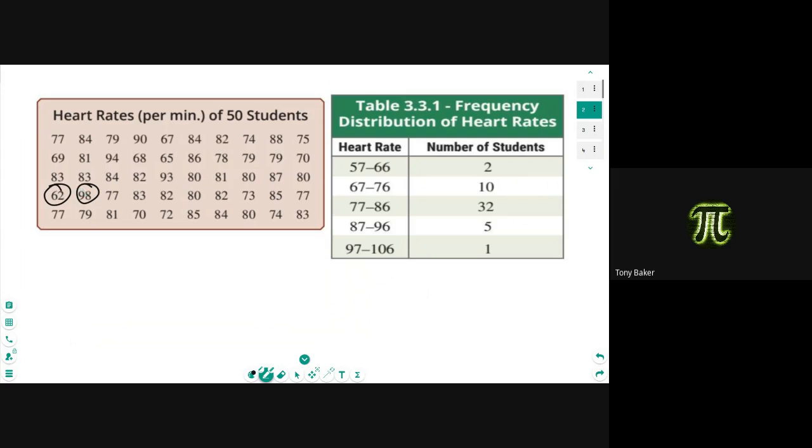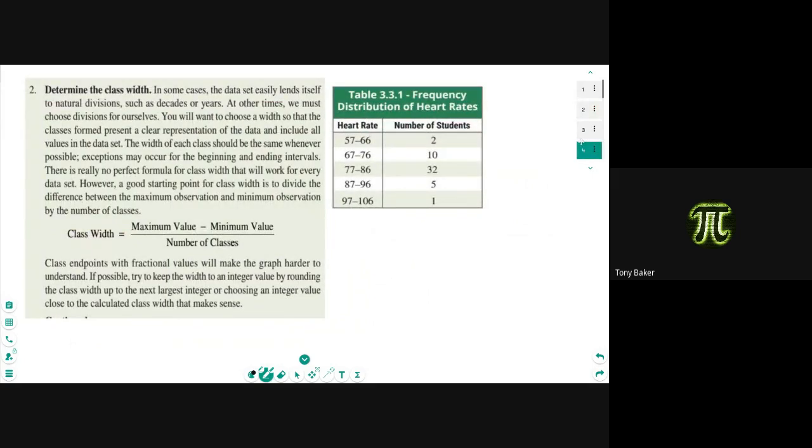All right, so we got 62 and 98. That's the minimum and the maximum value. So we've got 98 minus 62. And how many classes did they pick? They chose 5. So we're going to divide it by 5.